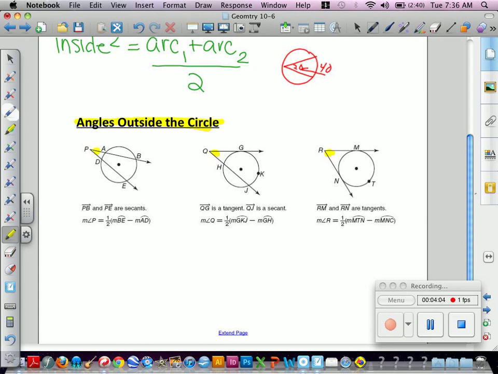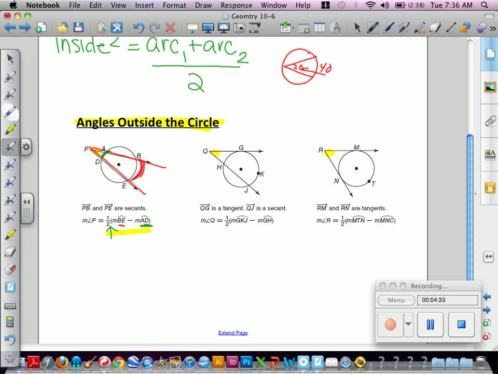When you have an outside angle, the rule would be, take the big arc, which is BE, that's the arc angle that is created by your angle, BE, and then subtract it, the smaller one from it, which is AD, and then multiply times half or divide by 2.